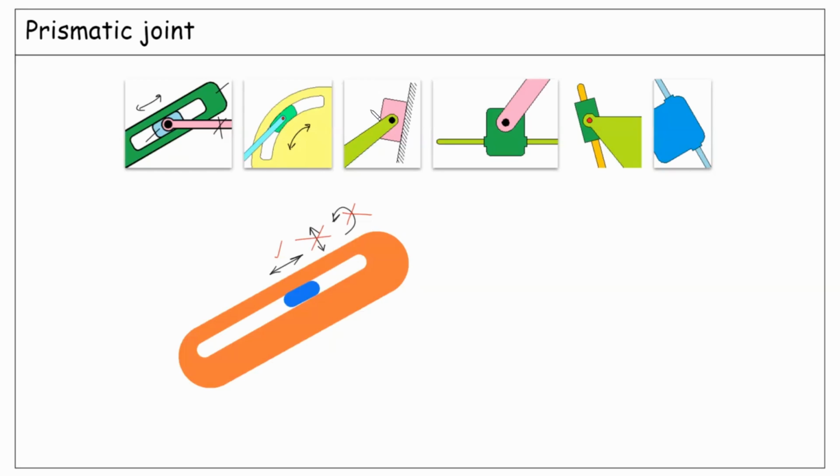In fact, you should imagine another barrier here, although we don't bother drawing it. As you see in these figures, another form of a prismatic joint is when a slider is moving along a rigid bar. In this case, in fact, it is the rigid bar that is moving inside the slider.